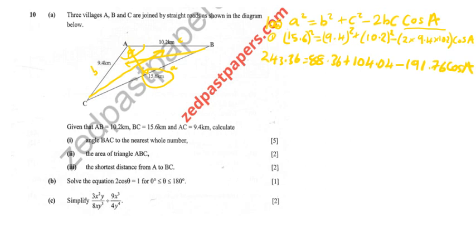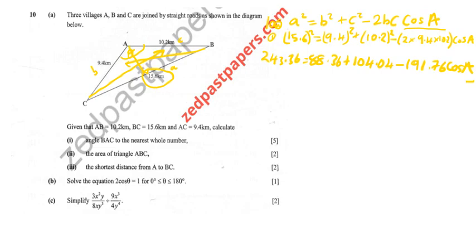And then here, remember, these are like terms we can add, but this negative 191.76 is already attached to cos a, so do not tamper with this side. So you just have to consider 88.36 plus 104.04.